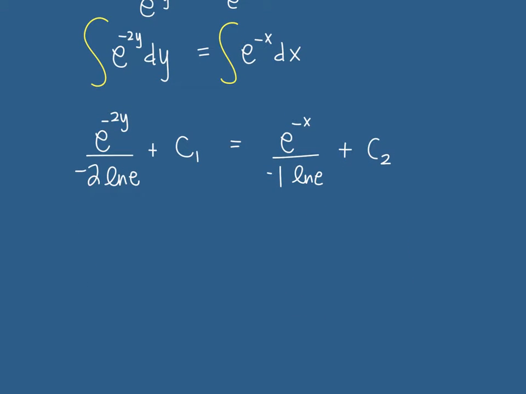So we can clean that up a little bit, but we want to find c before we find y. So let's just clean this up. Let's write this as negative 1 over 2 e to the 2y equals negative 1 over e to the x plus a single constant c.